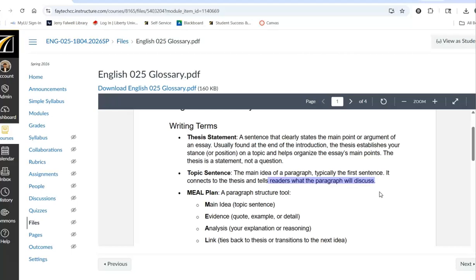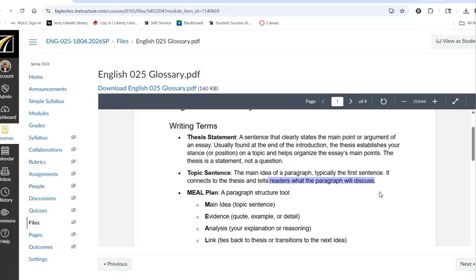You don't draw attention to the fact that the person is reading a paragraph. Instead, you just make your statement: the main idea, the idea that you are going to develop in greater detail. You just write it as if it's fact instead of drawing attention to it by saying something like, this paragraph will discuss whatever. So leave that sort of language out and just get to the main idea.